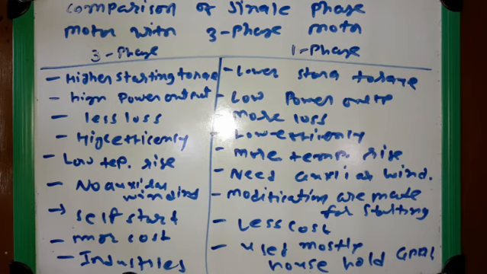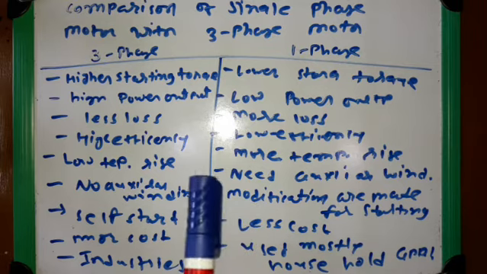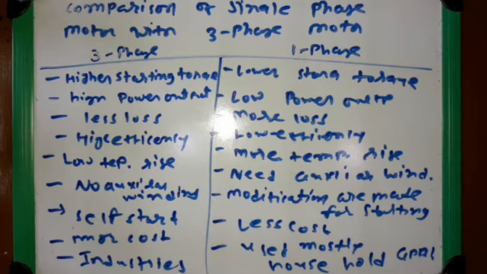The cost of the three phase induction motor is very high, whereas the single phase induction motor cost is very low. It is widely used in industrial areas, whereas the single phase induction motor is mainly used in household applications.